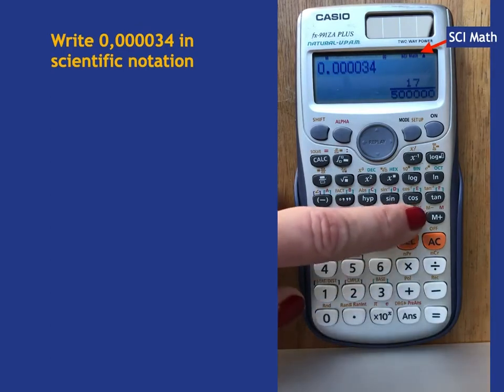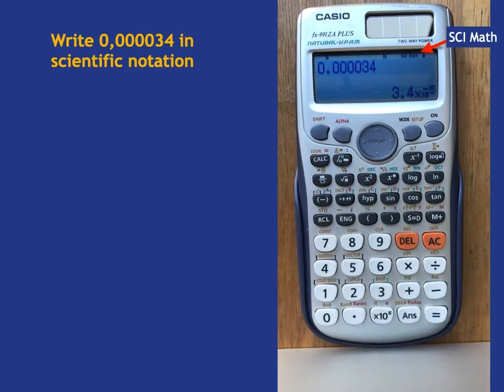Now notice here it gives me a fraction, so I just need to hit that SD button to turn it into the form I want. So the only addition in this example, when you're doing small numbers, is that it's going to give you a fraction and then you hit the SD button to get it into scientific notation.